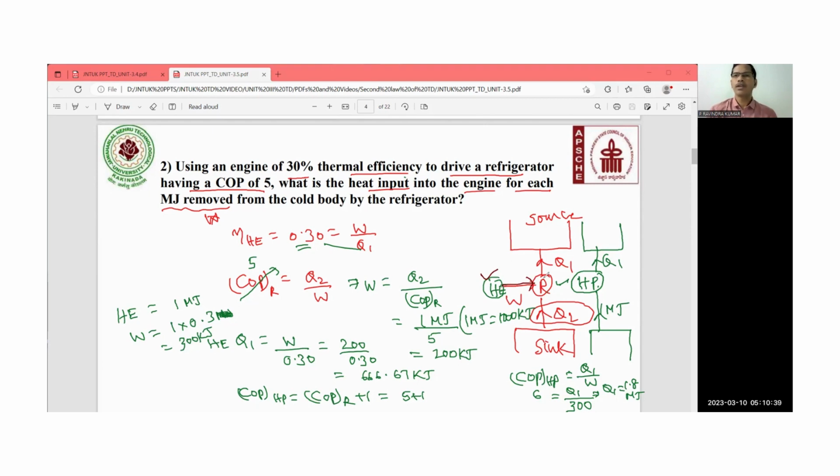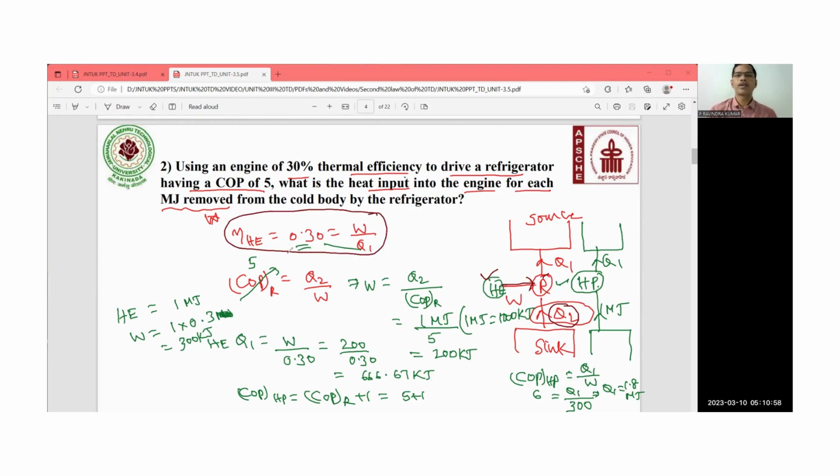Having a COP, see here. What is the heat input into the engine? That is for each megajoule of heat removed. So first you have to make the calculation for this particular case.